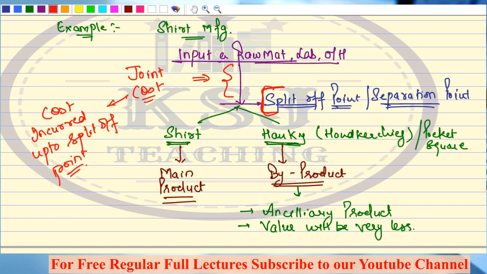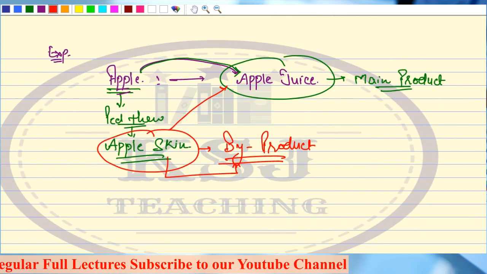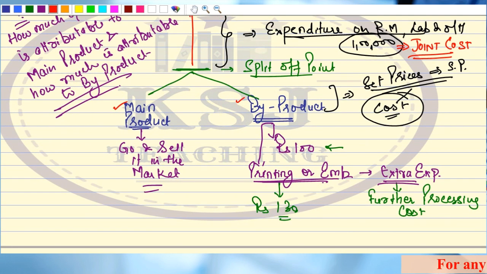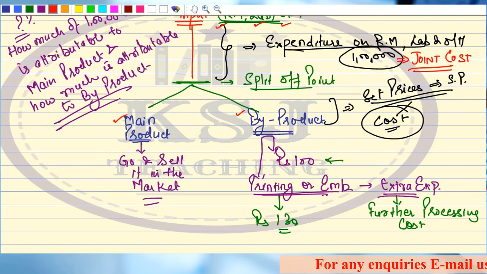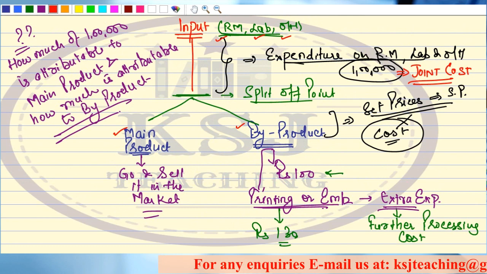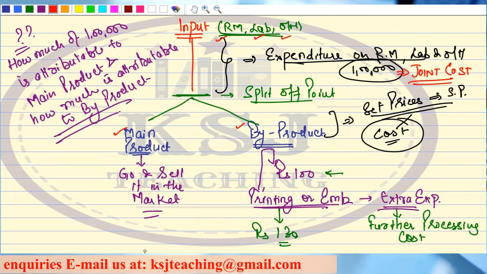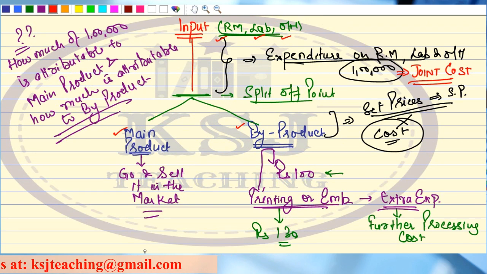So a byproduct is an ancillary product produced in addition to the main product. I gave you the various examples also, right? And this is what we discussed about the further processing cost, how it is to be treated, and how to attribute the joint cost between the main product and the byproduct, because these are two separate products.